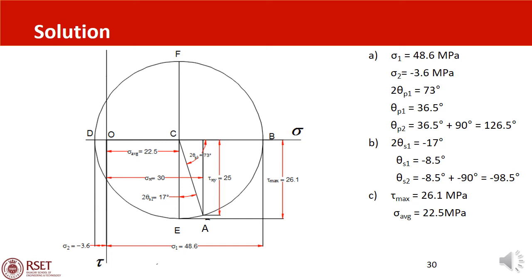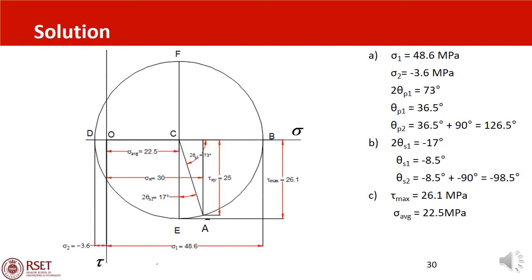Now in the B part of the question, you are asked to find out the planes of maximum shear stress. From the diagram, we can see that the maximum shear stress happens on the planes CE and CF. Now from the reference line CA, we can simply measure the inclination between CA and CE, and we get 2 theta s1 equal to 17 degrees.